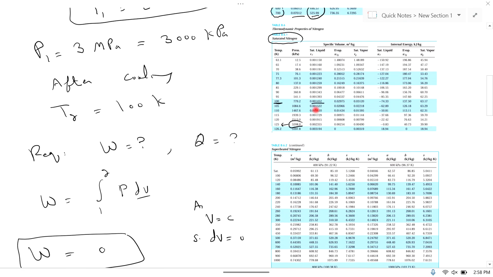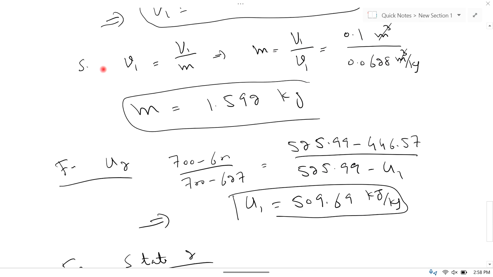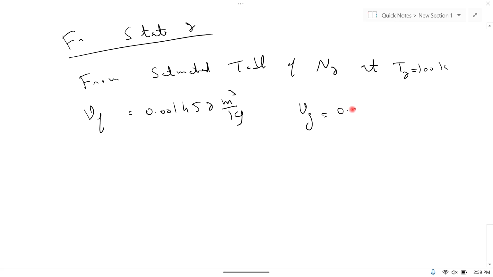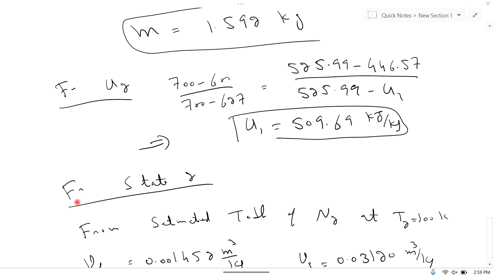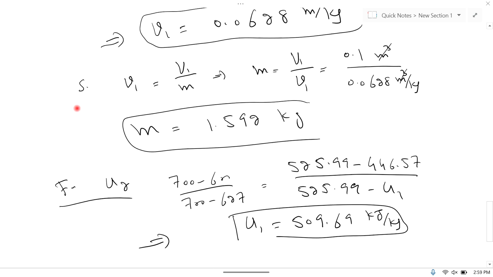and Vg is equal to, this is Vg, 0.03120 meter cube per kg, and V1 calculated by us is 0.0628.